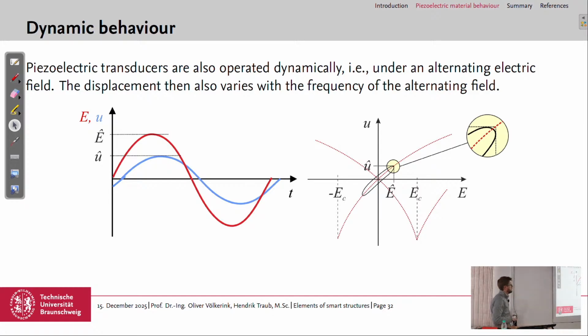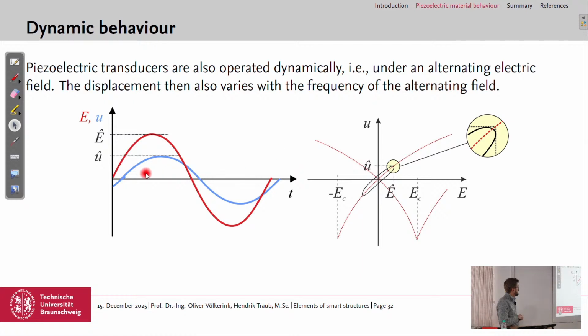Then maybe 2 slides on the dynamic behavior. So not much on dynamic behavior, but we could also operate our transducer dynamically, not only apply a static field and remove it again, but have a changing or alternating electric field.